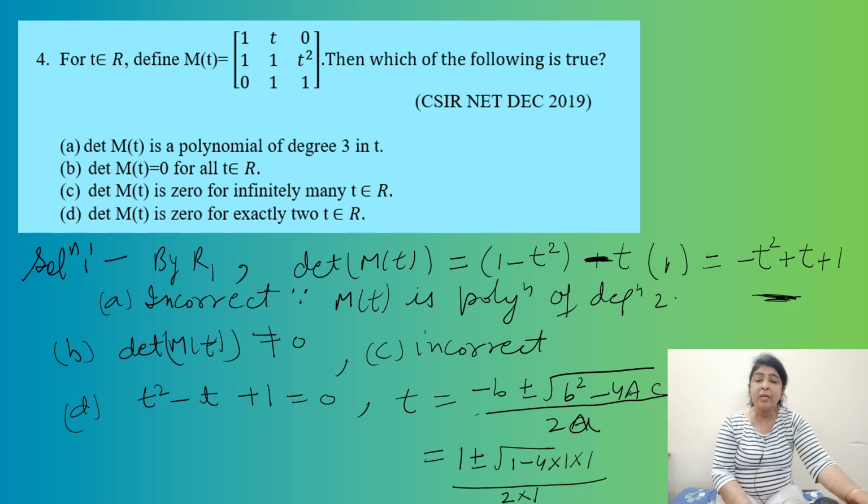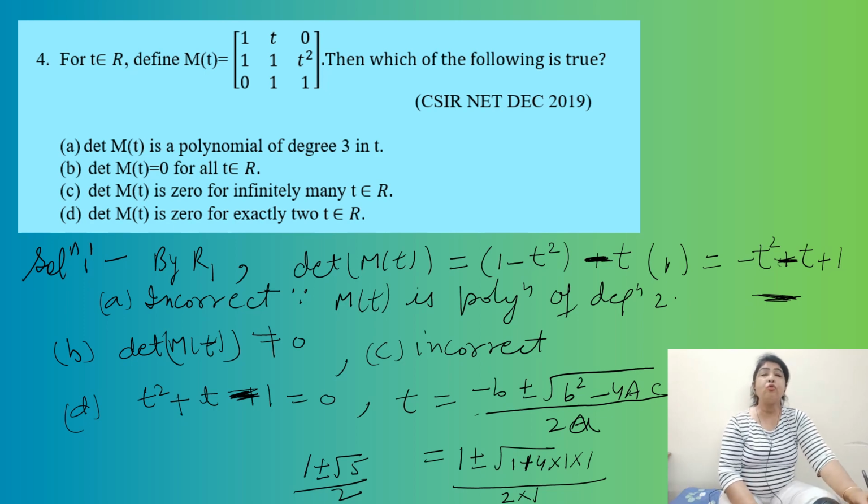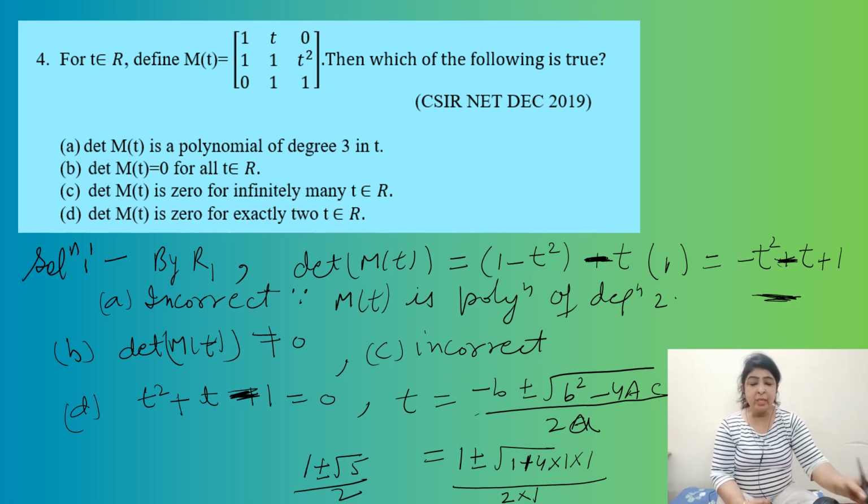When you expand this, minus t square will be there. So what is minus b plus minus under root b square minus 4ac; ac is negative here, so the discriminant is 5. Ultimately you are getting 1 plus minus root 5 by 2. So we are getting exactly two values of t. So option D is correct.